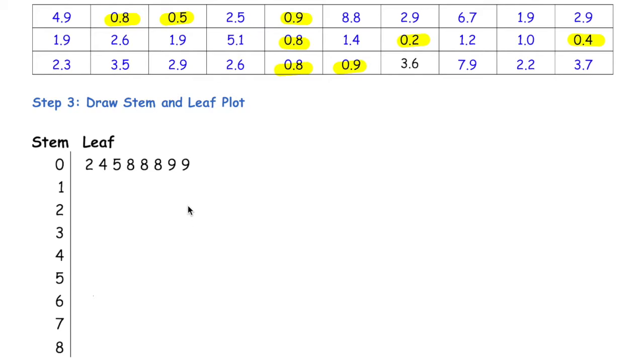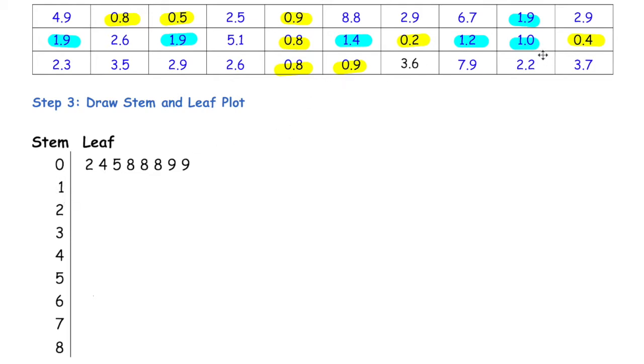Now that we've done that, we're going to look at all the values that have a stem of 1 minute. And again, I would recommend crossing out the values as you place them. So for 1 minute, we have 1.9, this other 1.9 right here, a 1.4, a 1.2, a 1.9, and a 1.0. These are all the values that we want to show on the second stem, the stem for 1.